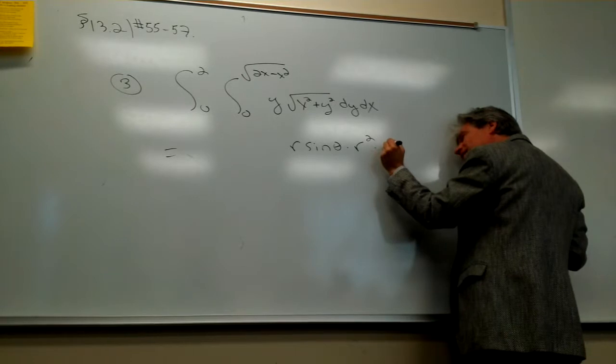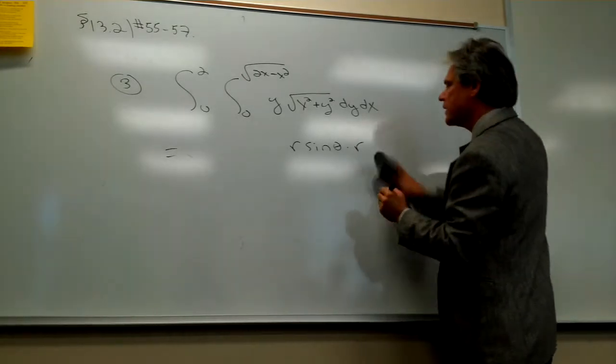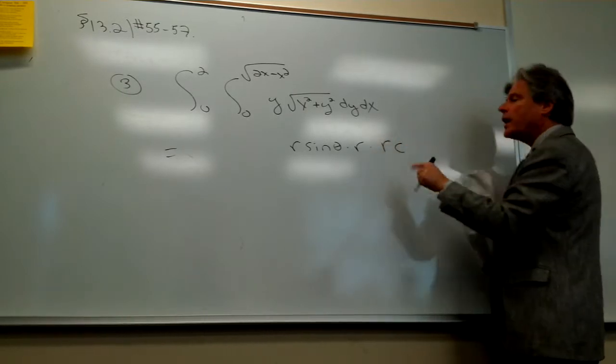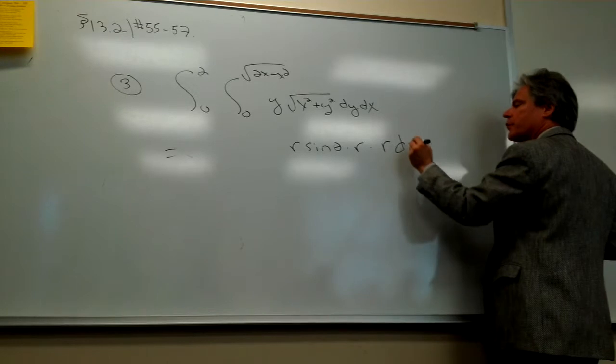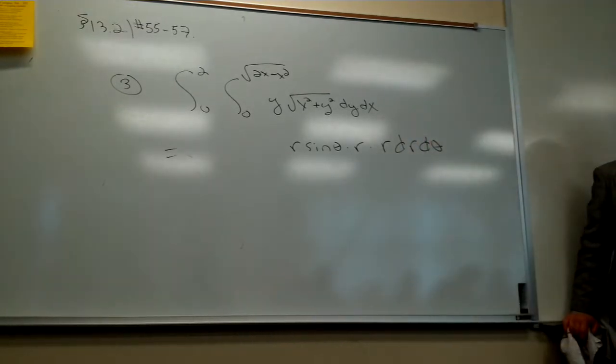Wouldn't it be root r squared, right? Sorry, I made a mistake, it'd just be r. Oh, no, because you have your r there too. I want you to see. Oh, shoot, we're not done. What about the bounds?